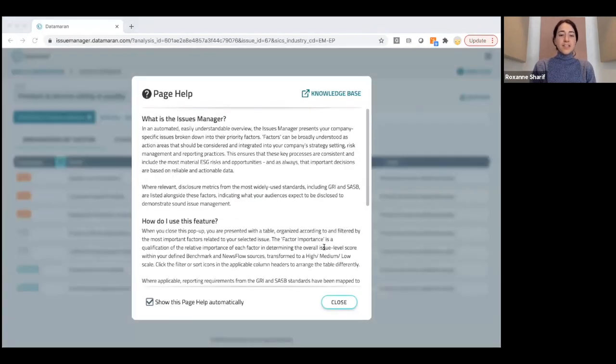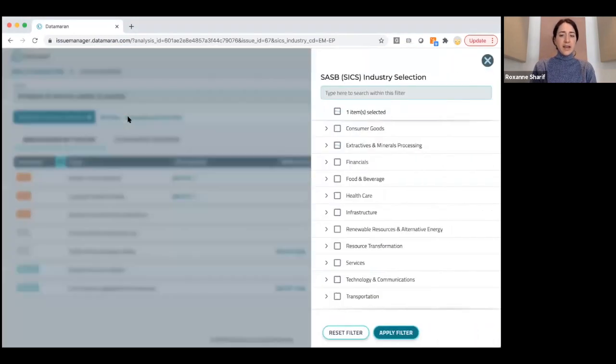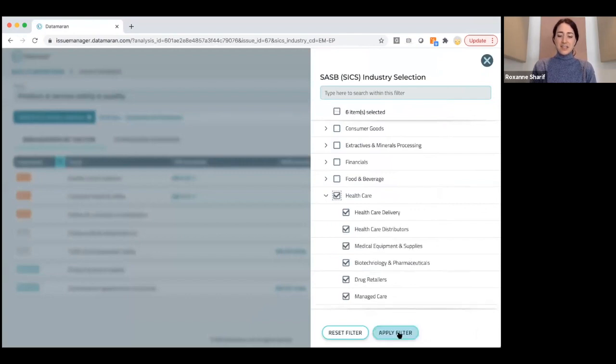we are brought to our issues manager, and this is where you begin to break down your topics into factors. So really, being able to drill down and develop some of the metrics associated with your material topics. Because we're looking at the healthcare sector, I'm going to filter for that particular sector here.